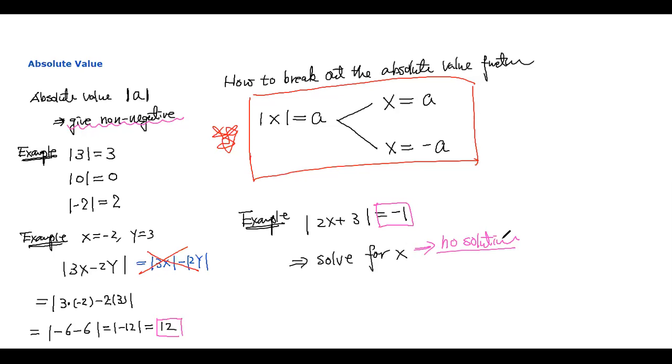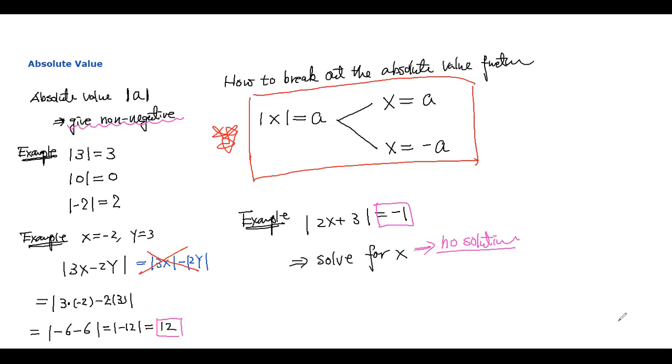Absolute value cannot be negative. Those are the few key things about absolute values, and I hope you'll be able to remember them. The most important is the one I circled in red: how to break absolute values.